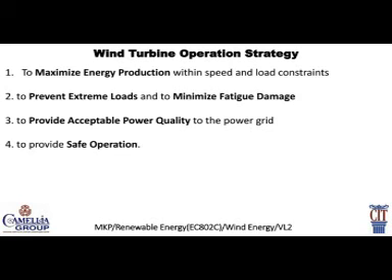Secondly, to prevent extreme loads and to minimize fatigue damage that can occur as a result of repeated bending caused by weight on the rotors and unsteady aerodynamic loads. Third is to provide acceptable power quality at the point of connection to the power grid. And last but not least, to provide safe operation.